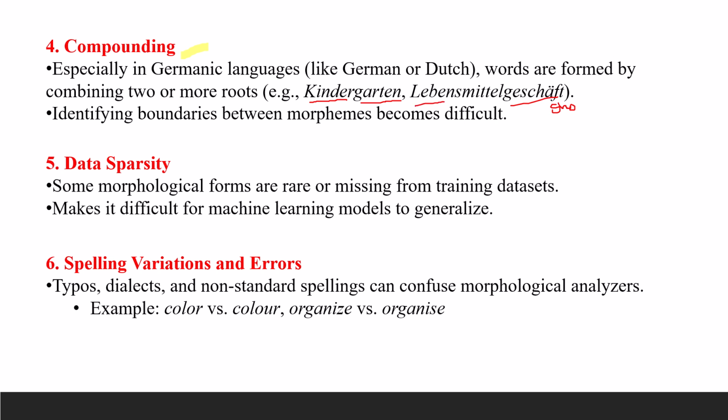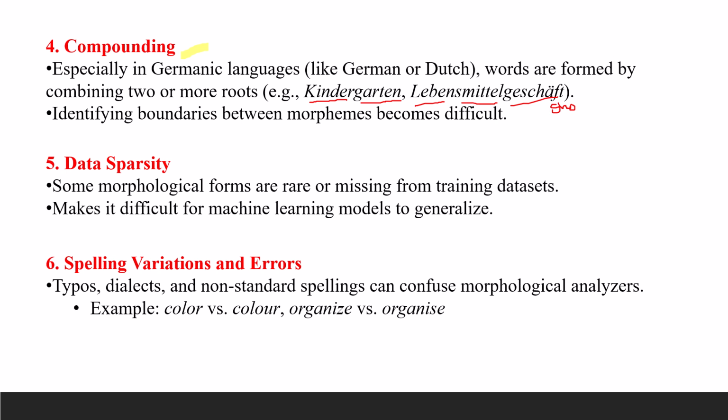Mittel also has some other meaning. So these three different words are combined together to make a single word. Identifying the boundaries between the morphemes becomes difficult. So that is also one kind of problem that we face morphologically.